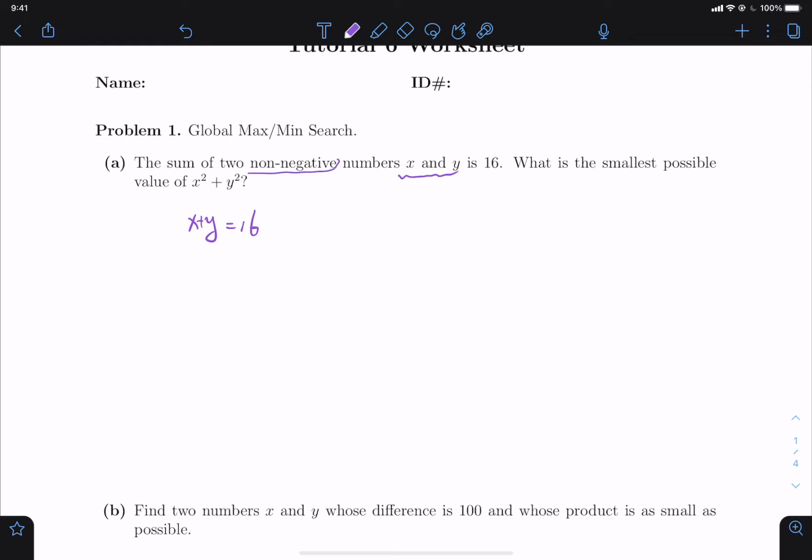So the range of x can be as small as 0, and it can be as big as 16.